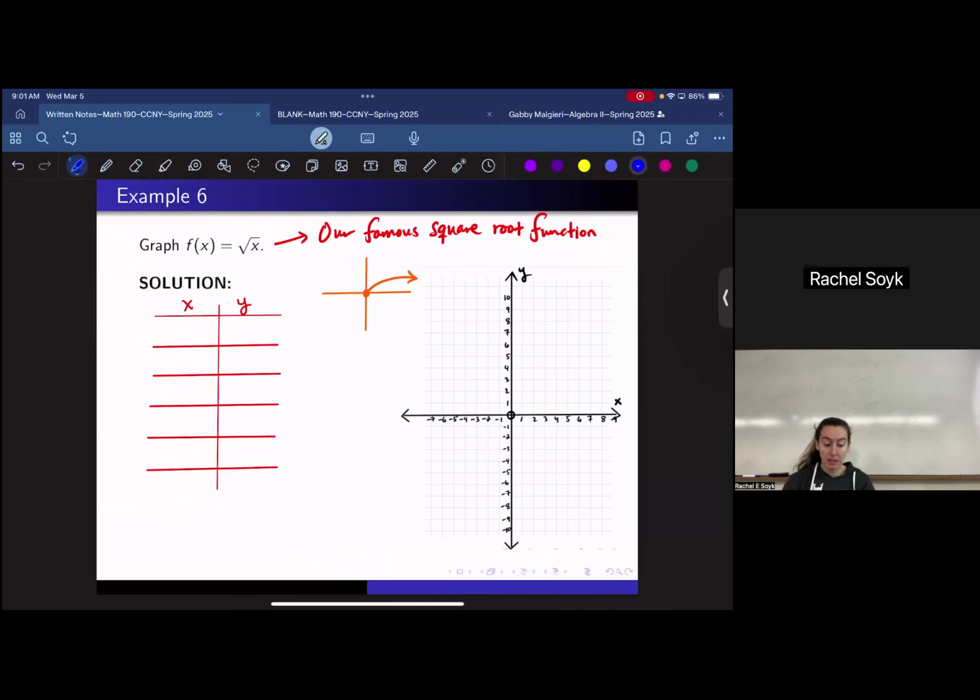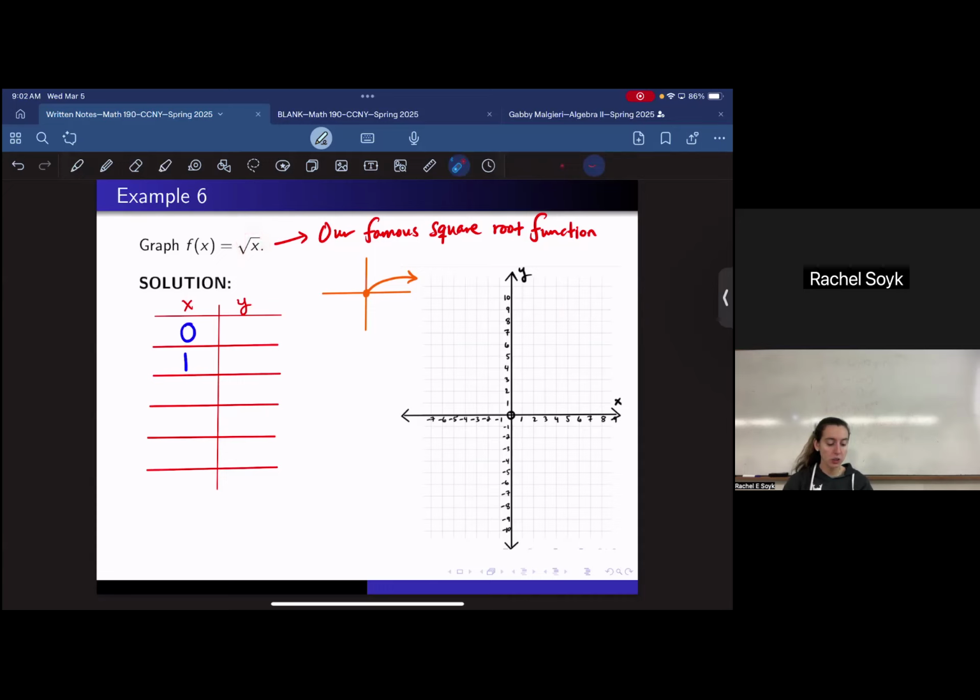We can't take the square root of a negative. Well, we can, but it would be imaginary. And we're dealing with real numbers right now. So the lowest value that we're working with here is 0. And then we can go up from there. 0, 1. I want to pick strategic X values to make my calculations easy.